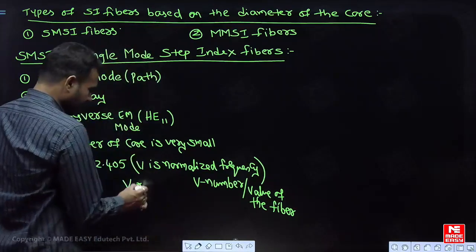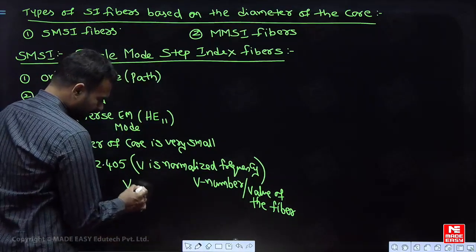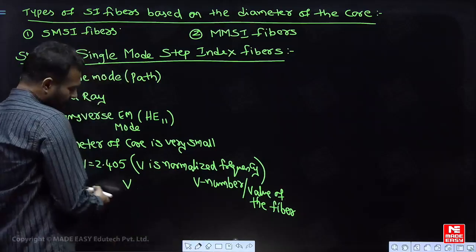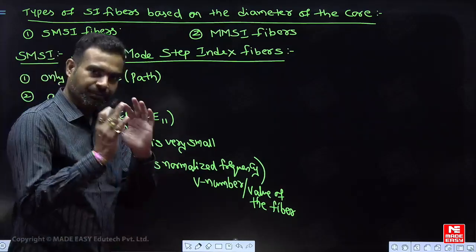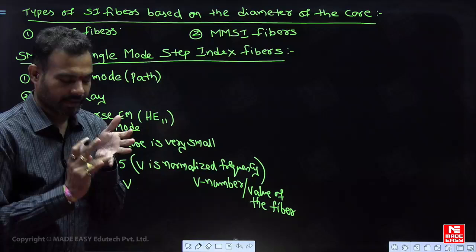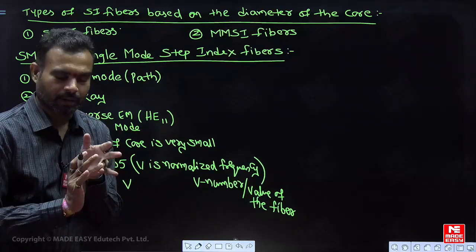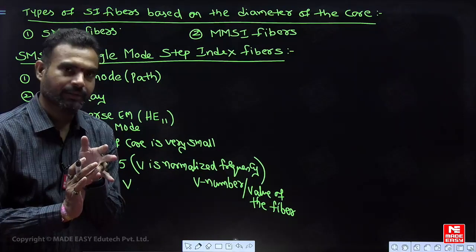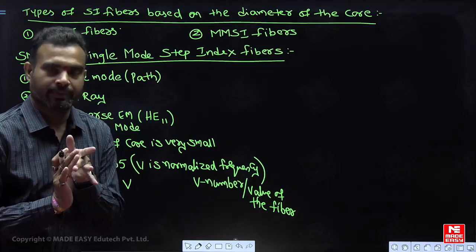I can write the formula here directly. Students, please try to understand it. In the notes I can explain, and I will explain orally also once again. V relates the radius of the core, the relative refractive index difference, and lambda, the operating wavelength.